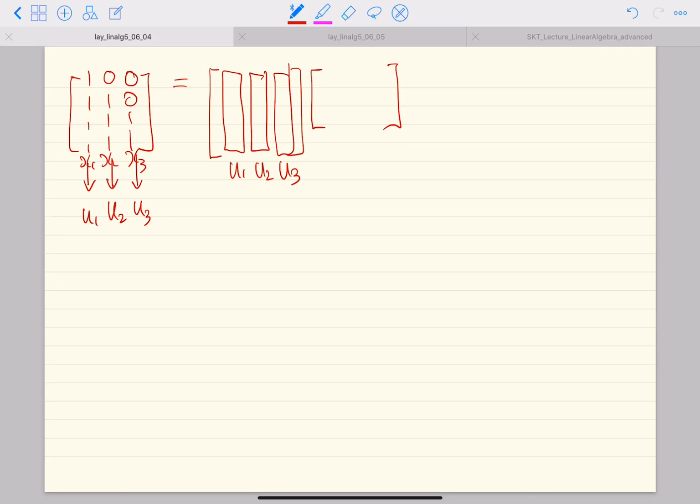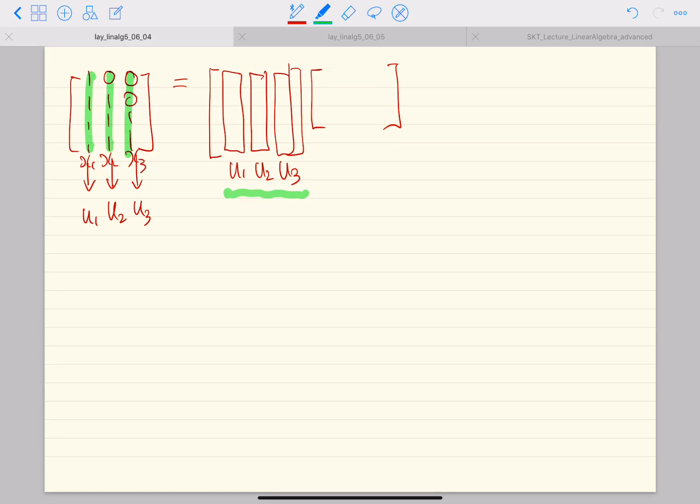At a high level, x1, x2, and x3 are linearly independent vectors, and we consider their span. The subspace of these three vectors and the span of u1, u2, and u3 will be the same.